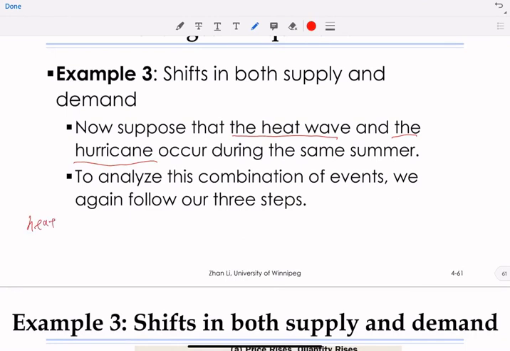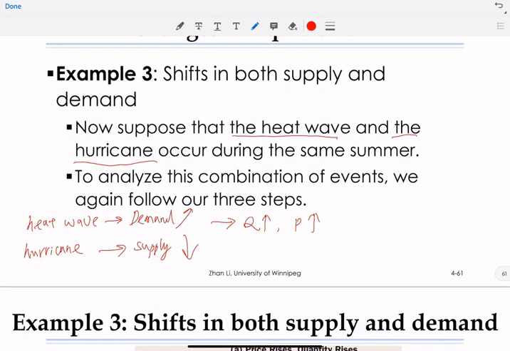Heat wave tells us demand increases, and hurricane tells us supply decreases. And we know that if demand increases, equilibrium quantity definitely increases, and equilibrium price definitely increases. And if supply decreases, we know that equilibrium quantity decreases and price increases.